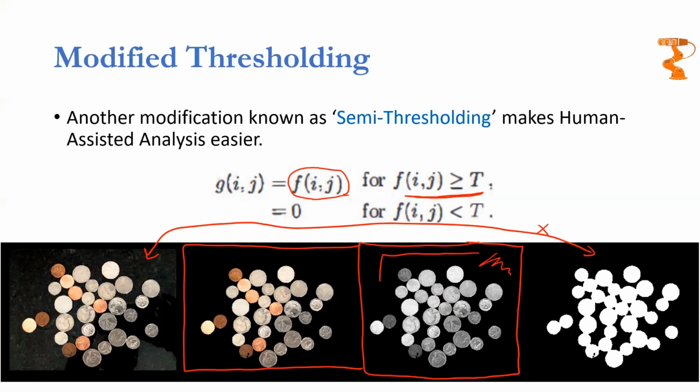If you have, for example, a colored image, then for human analysis, over here you cannot identify what coin this is. You know that it is a coin, you know that it is some other coin, but what coin exactly is it?